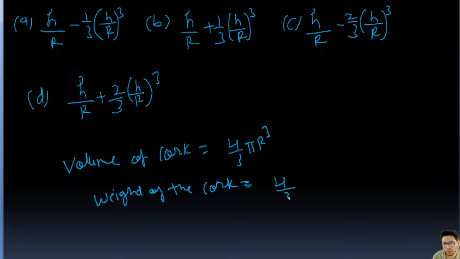So this is going to be 4 by 3 pi r cube, that is volume, into specific gravity 0.5 into g.